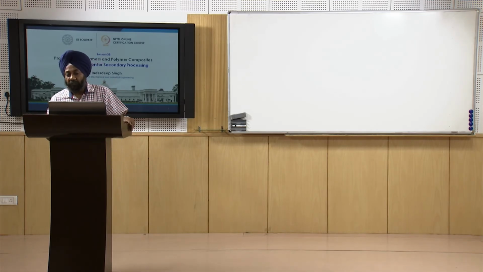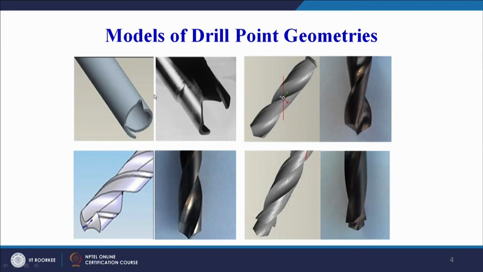So this is the actual step drill, actual parabolic drill, actual trepanning tool, and the actual twist drill. And these four are the modeled geometries using the software: the model of the trepanning tool, the model of the parabolic point, the model of the twist drill, and the model of the step drill.